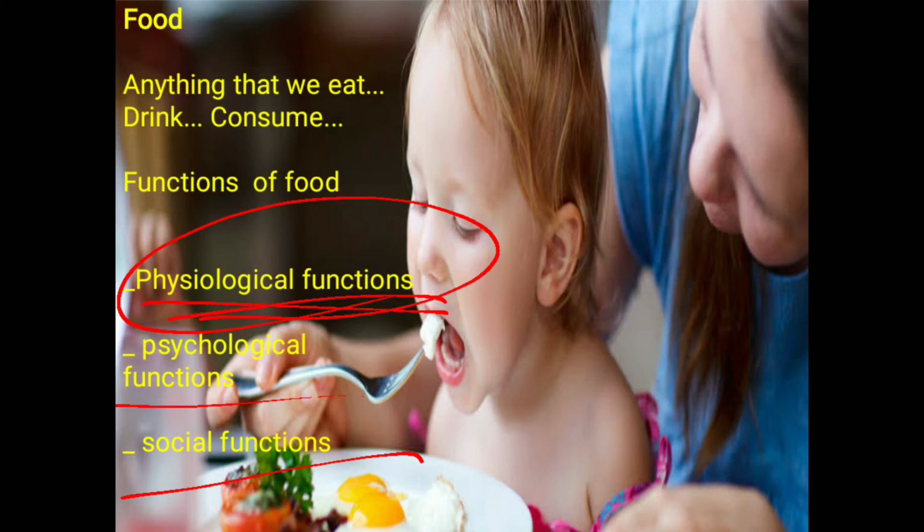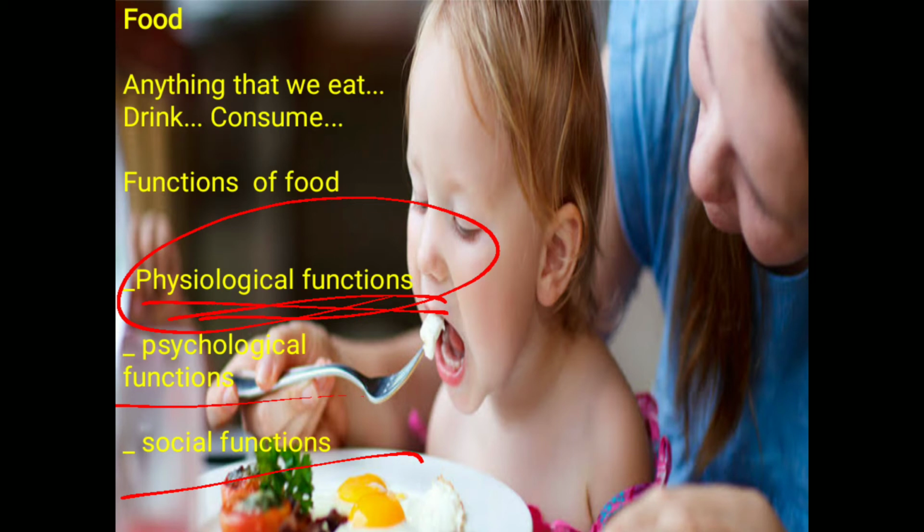Food also helps in various regulatory functions, like water and roughage. I already told you roughage or fiber helps in the regulation of fundamental body processes, like maintaining our body temperature. Water helps us to maintain our body temperature and our electrolytic balance.